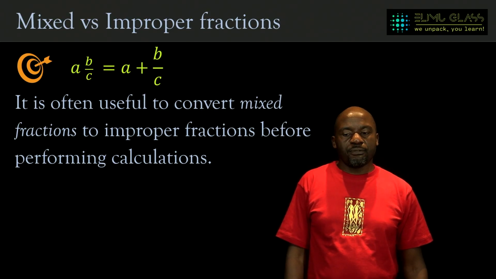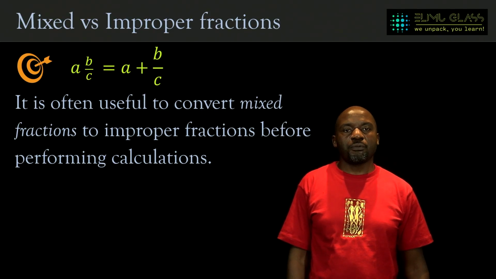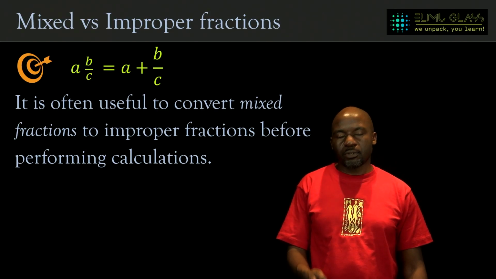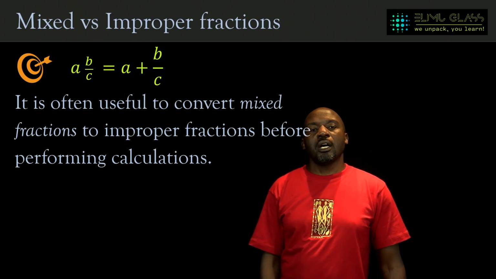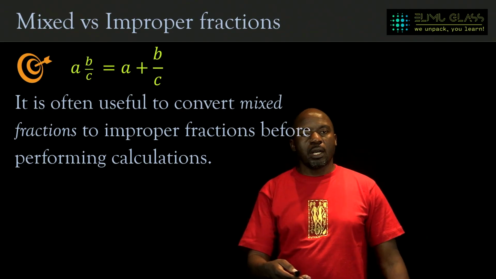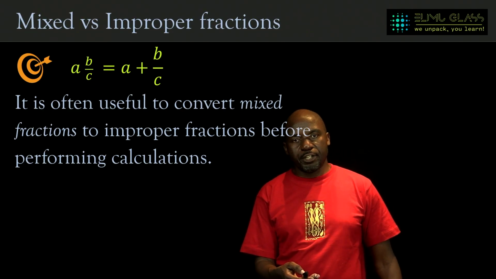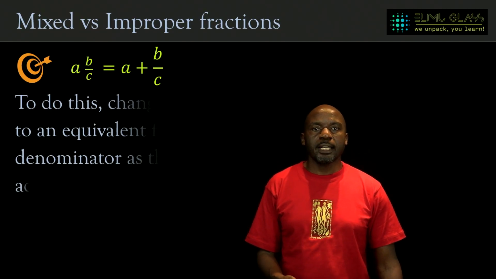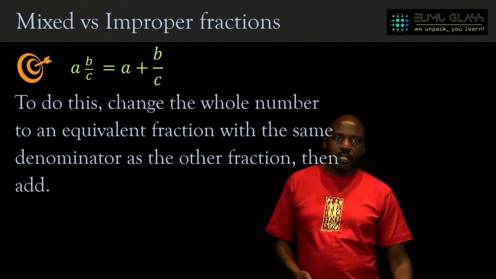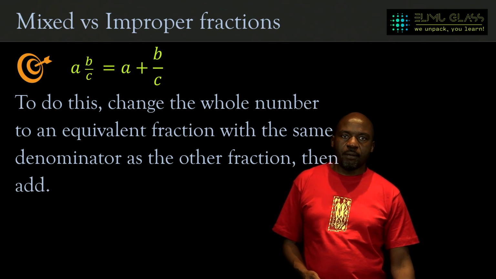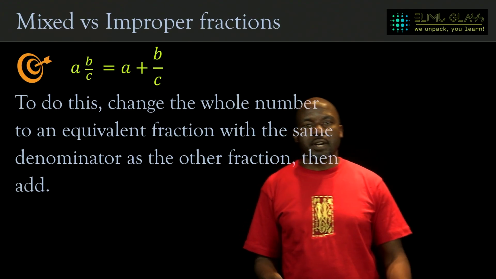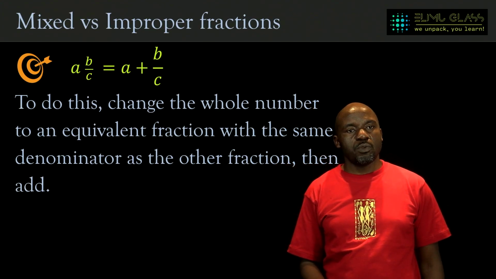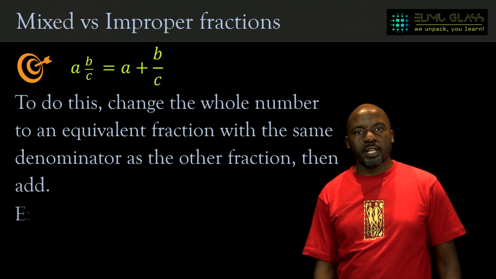It is easier to perform mathematical processes with fractions than with decimal numbers. So please avoid converting a fraction into a decimal number before performing calculation. Okay? All right. So to do this, we change the whole number to an equivalent fraction with the same denominator as the other fraction. Let me just show this with an example so you understand what's going on here.